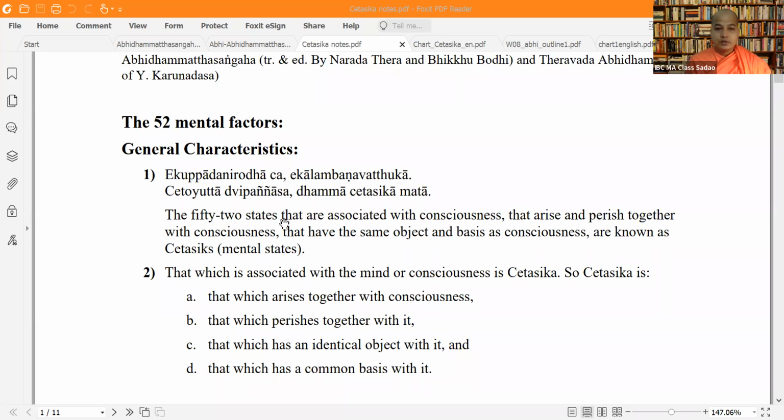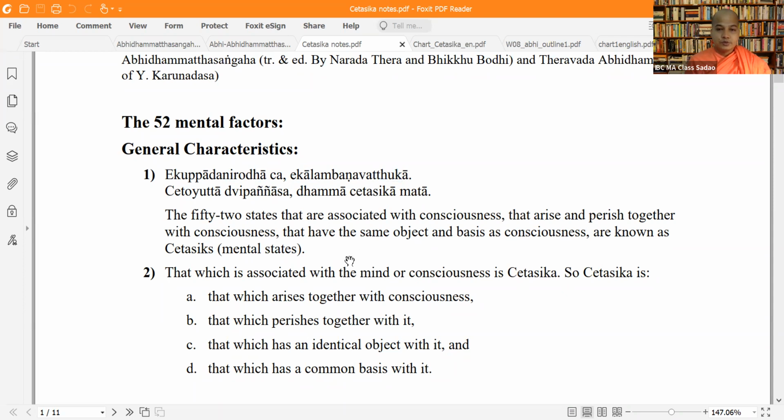Here, what is mentioned specifically is Ekupada, they arise together with Chitta; Ekanirodha, they cease together with the Chitta; Ekalambana, they have the same object; Ekavattuka, the same basis.